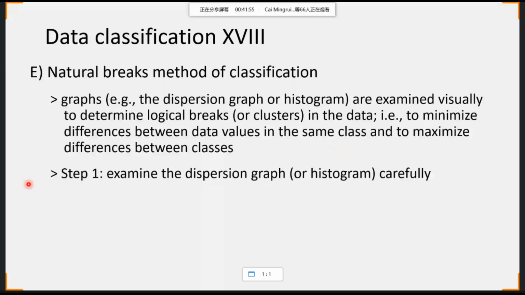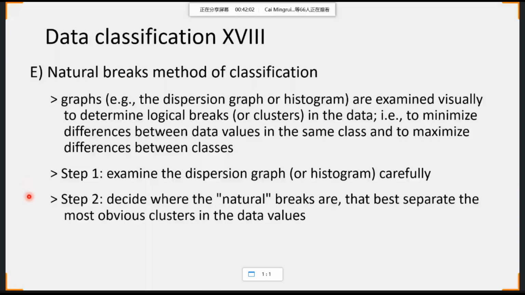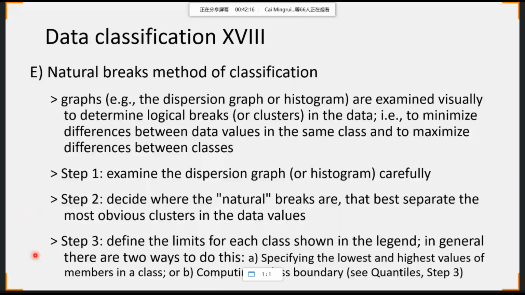Step 1, examine the dispersion graph or histogram carefully. Step 2, decide where the natural breaks are that best separate the most obvious clusters in the data values. Step 3, define the limits for each class shown in the legend. In general, there are two ways to do this.